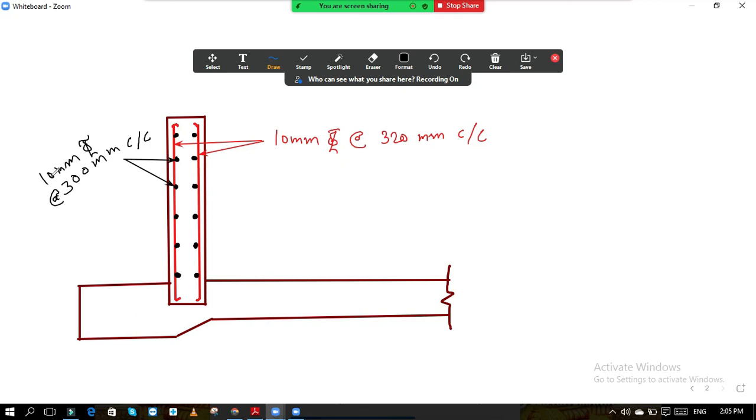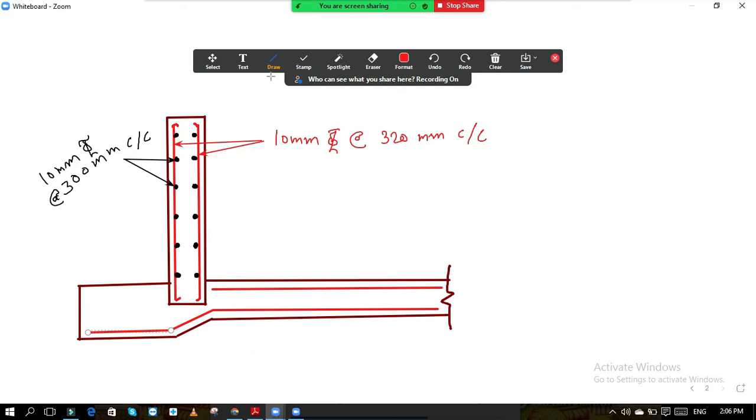Now after this, at the base slab, the bars which are provided in the base slab: at the top one bar is provided which is anchored at the top itself, and at the bottom again a bar is provided like this, which will bend and move in this way.